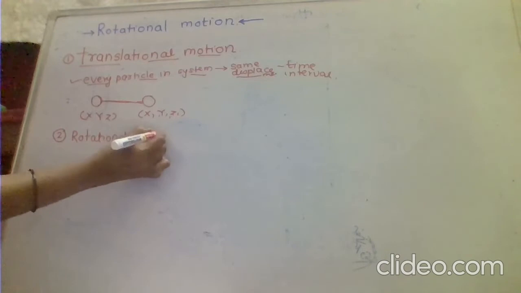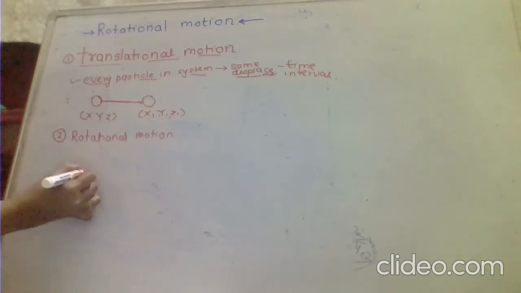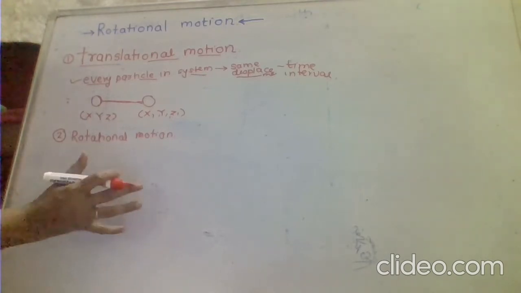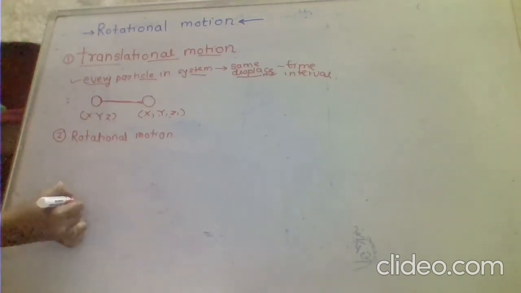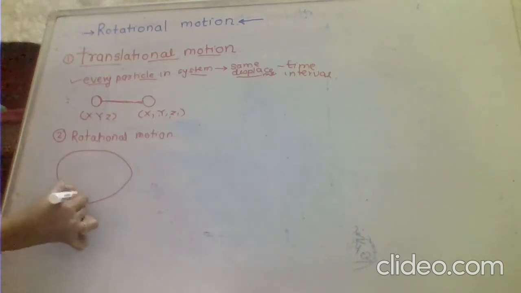Rotational motion means every particle is in motion, but the motion of every particle describes a circle like this.